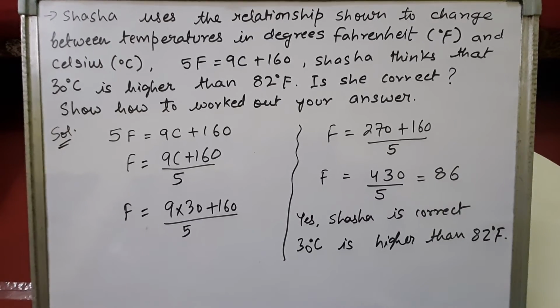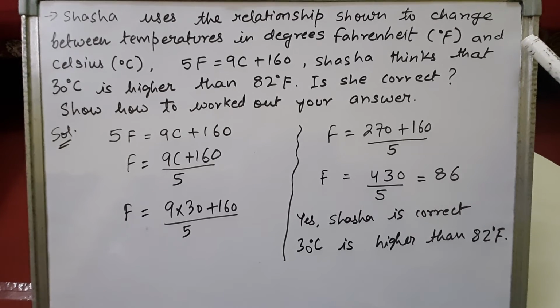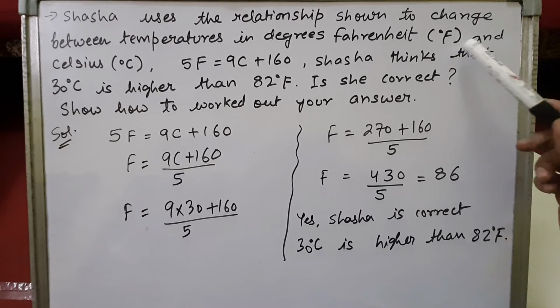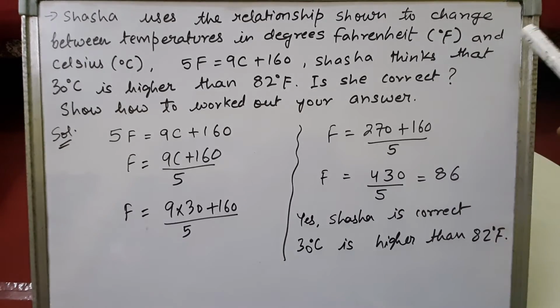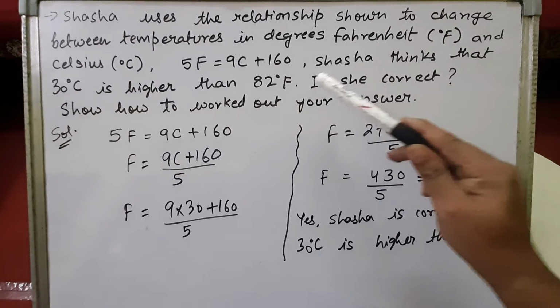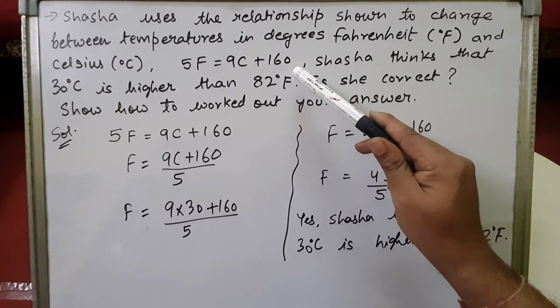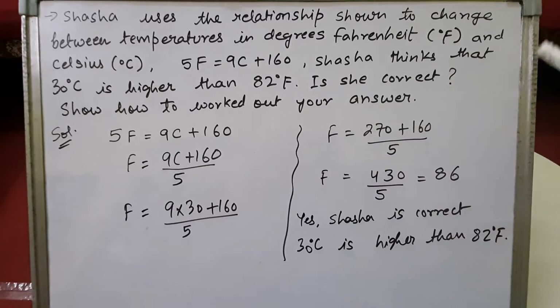Now in this sum it is given that Sasha uses the relationship shown to change between temperatures in degrees Fahrenheit, represented by degree F, capital F, and Celsius, which is degree C. The relationship is 5F equals 9C plus 160.